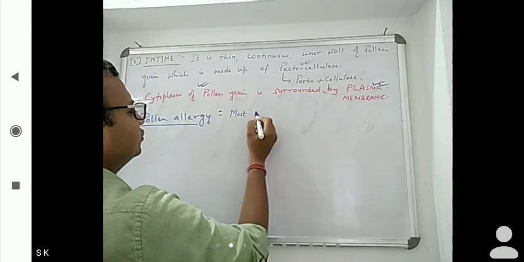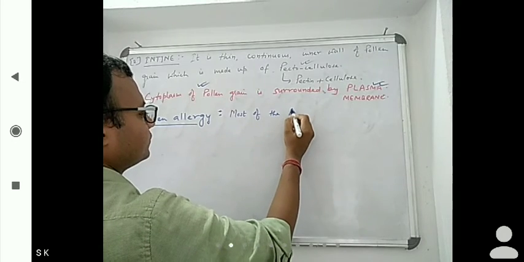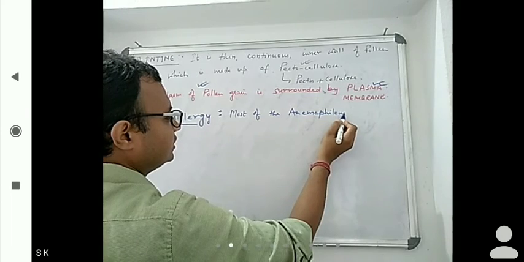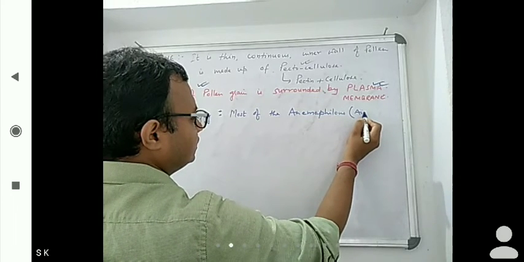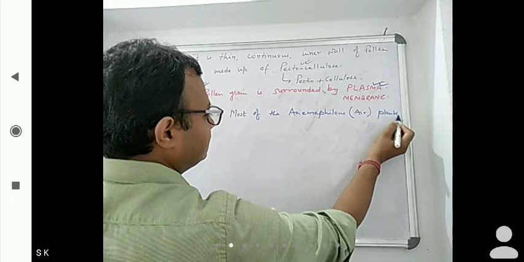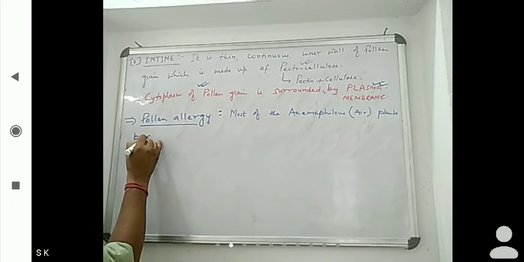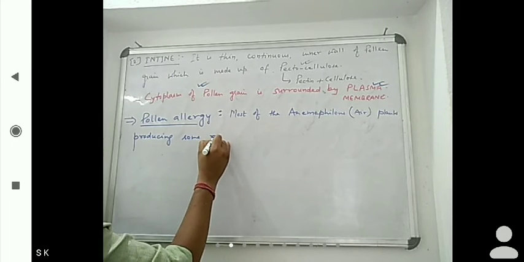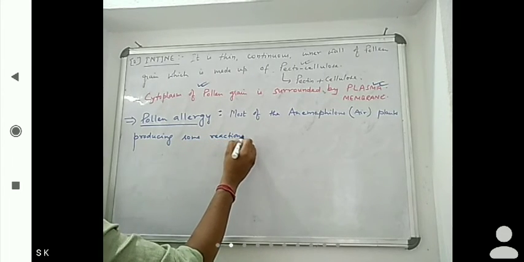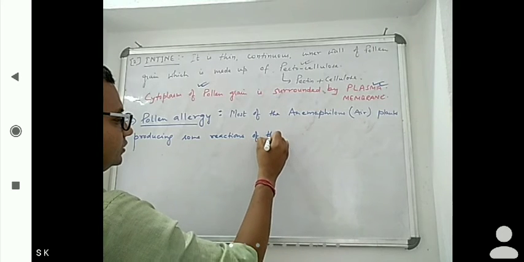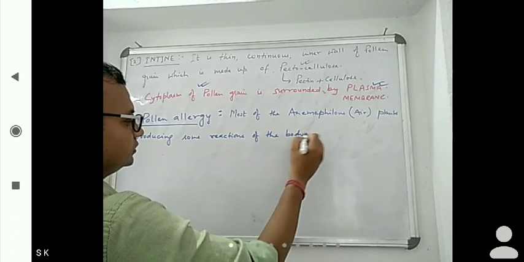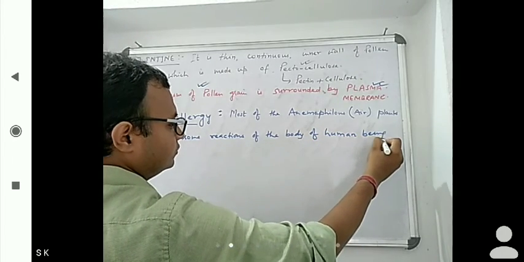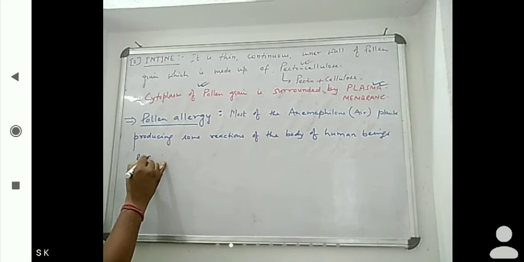Most of the anemophilous plants produce some reactions in the body of human beings, and create allergy to human beings.